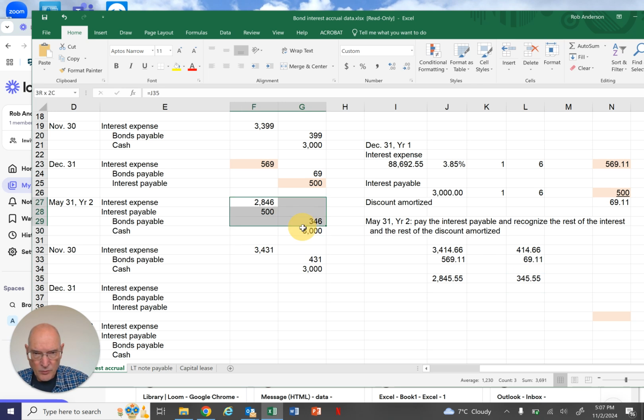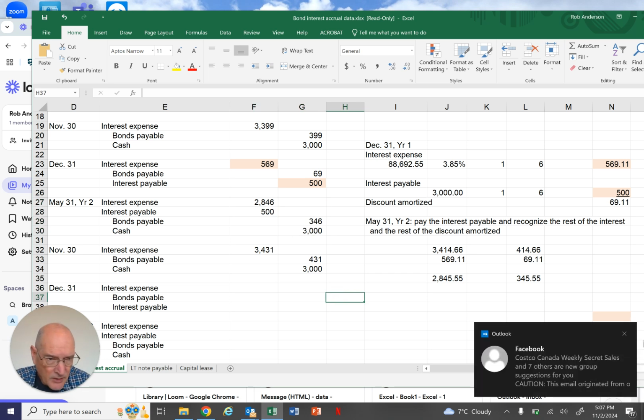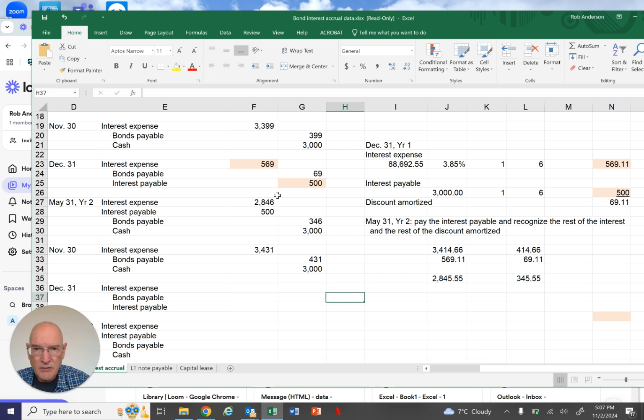Now, those are rounded off, so I lost a tiny little dollar. No, that's right, 346. Okay, so here we have your May 31 journal entry. This is the other 5 months interest and the other 5 months of discount amortized.